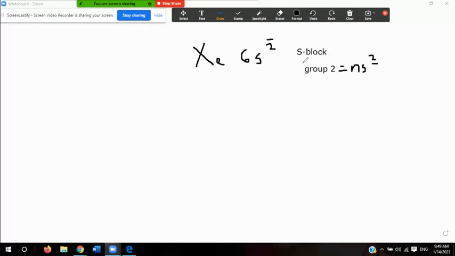I know that it's an S block, and also I know that the n in an electron configuration represents the period. Because there is a 6 in front of the s2, I know that this is a period 6 element.